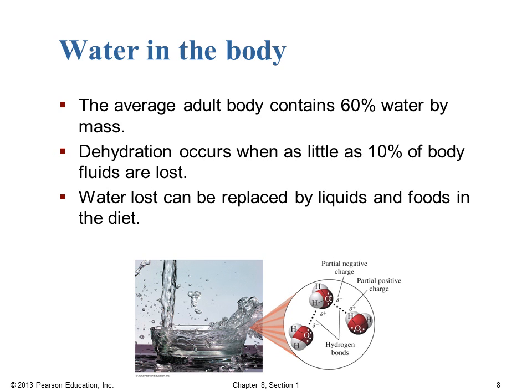Our bodies contain 60% water by mass, and that's good for many reasons. And so, we know that water is a good solvent, so it allows materials to be transported from one part of our body to another.